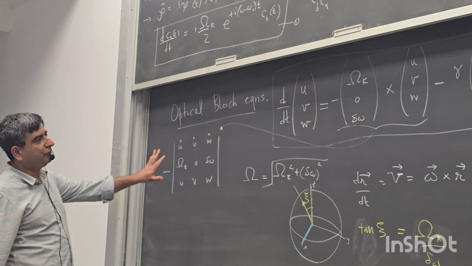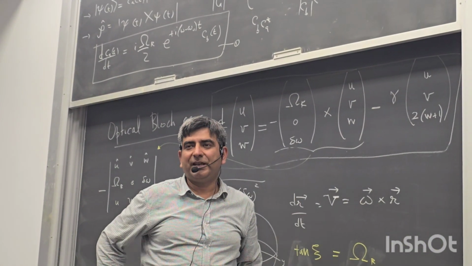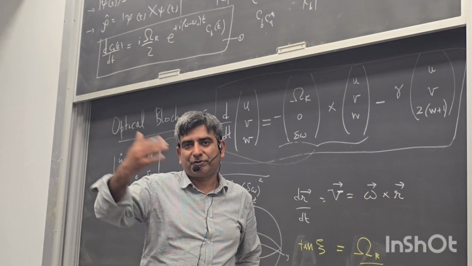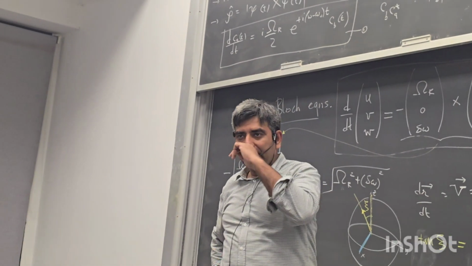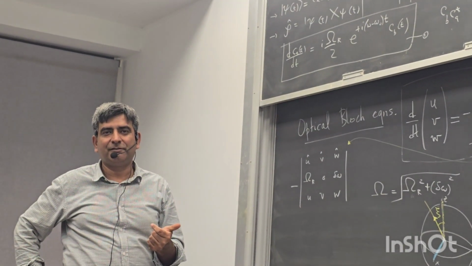But now, if you solve this equation for different values of gamma, you'll be able to see what kind of oscillations we get. So let's try to solve this equation on a software. Now, in certain cases, you can find analytical solutions.